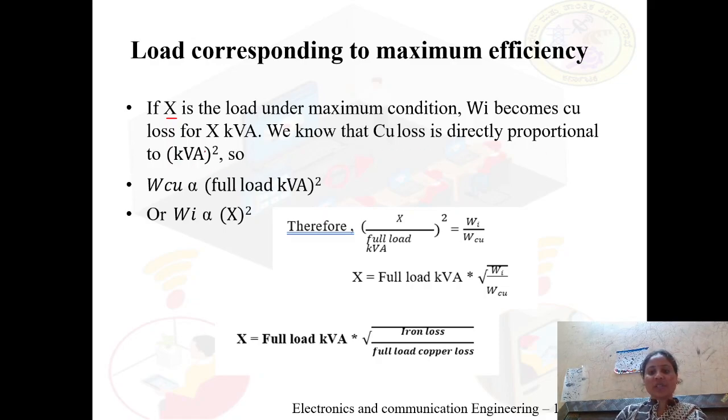And copper loss is directly proportional to kVA square. That is, WCU is proportional to the full load kVA square, or Wi is proportional to X square. Hence, we can write X is equal to full load kVA times the square root of Wi by WCU, which is iron loss divided by full load copper loss.